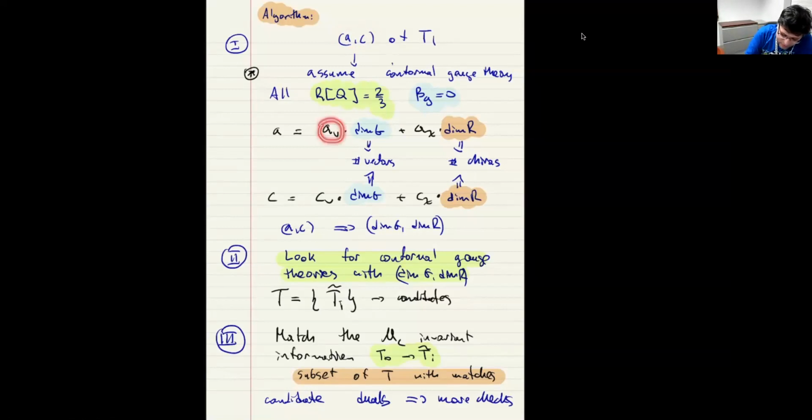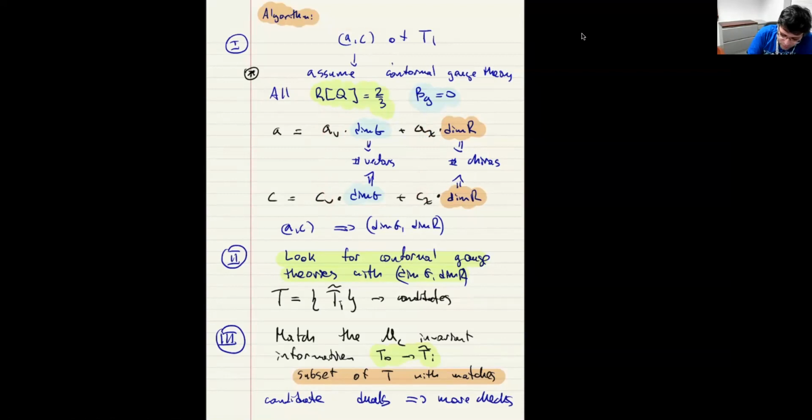I call these contributions AV and CV. And the free chiral fields contribute some numbers. Say this is 1/48, and this is 1/24, this is 3/16, and this is 1/8, if I'm not mistaken. Okay, these are some very well-defined numbers.